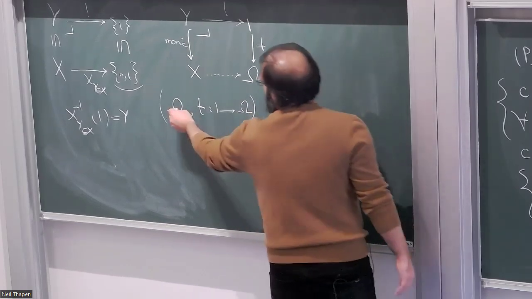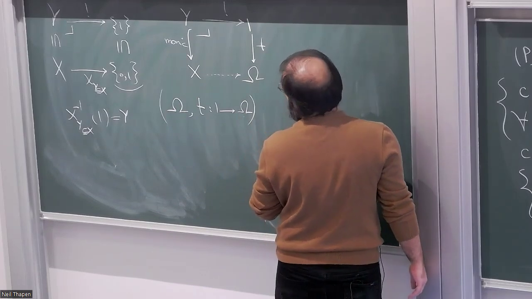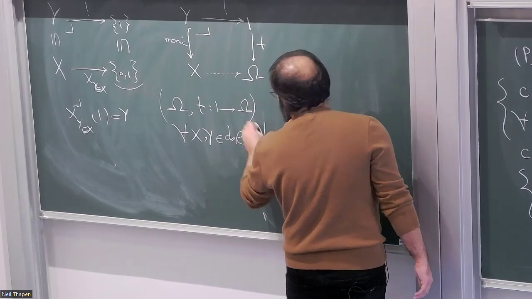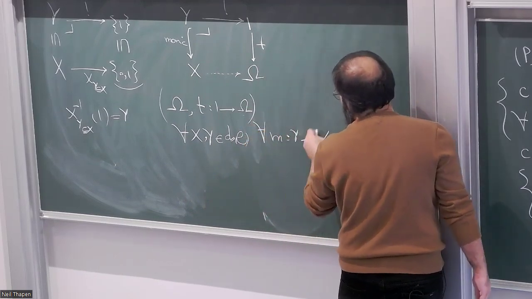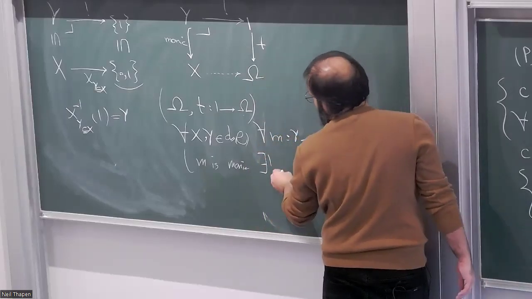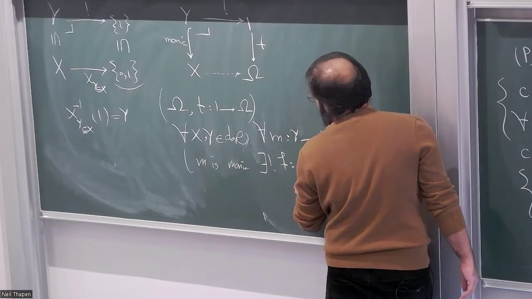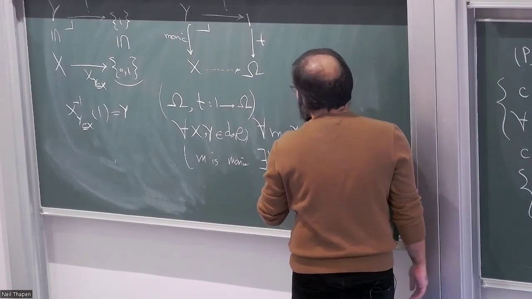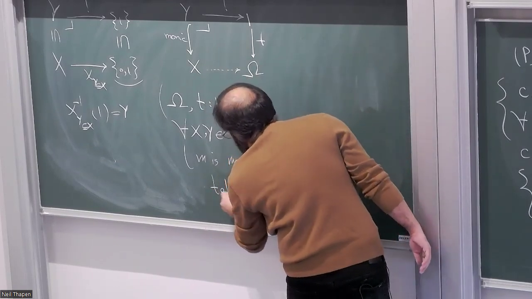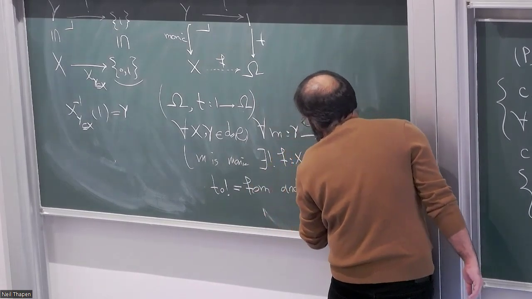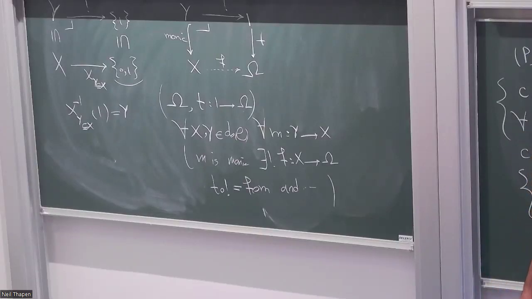A sub-object classifier is simply an object omega with a map t from 1 to omega, such that for any objects X and Y in the category, and for any monic map m from Y to X, there exists a unique map f from X to omega such that this square is a pullback, meaning that t composed with the map to 1 equals f composed with m, plus the condition saying that it is a pullback. I simply say the obvious thing, right?